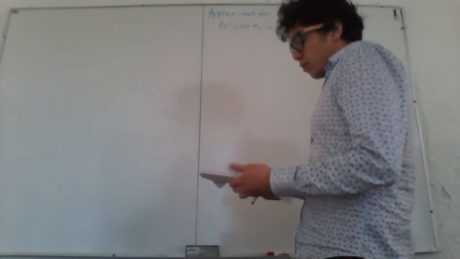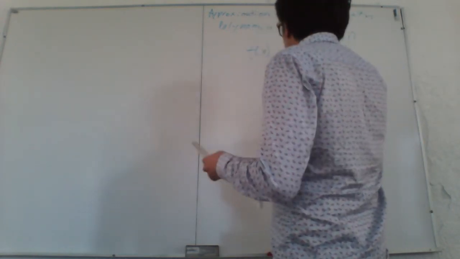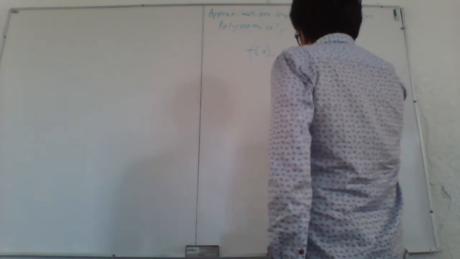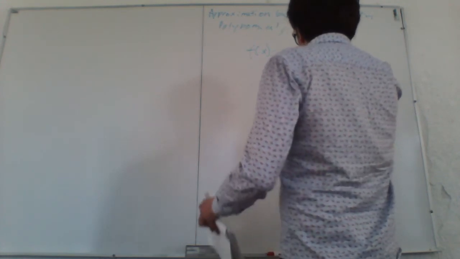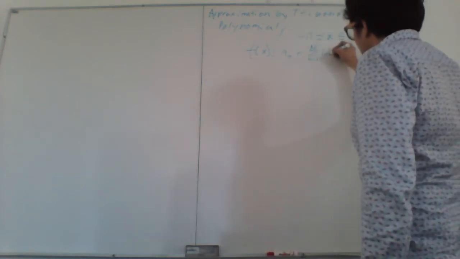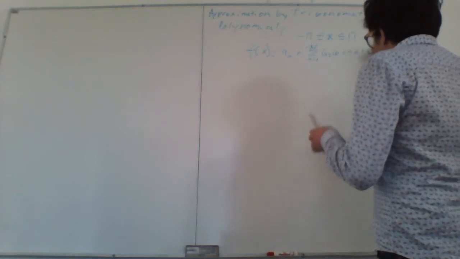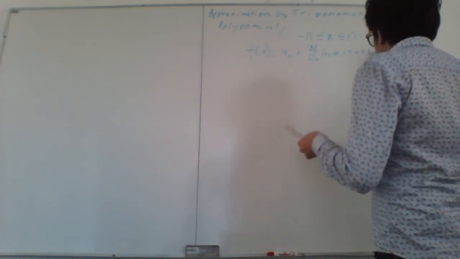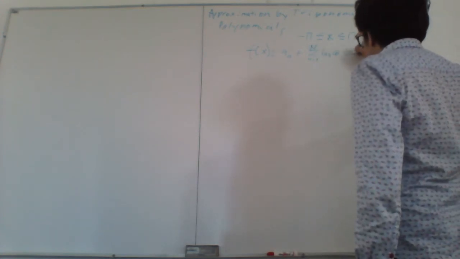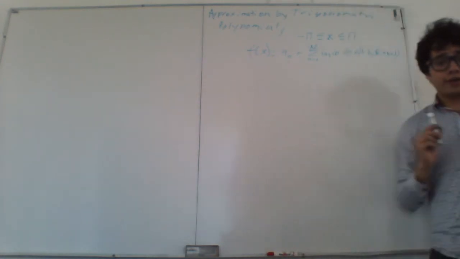We are going to have a function f(x) equals a0 plus the sum from n equals 1 to N of an cosine of nx plus bn sine of nx. Okay, this is the Fourier series.